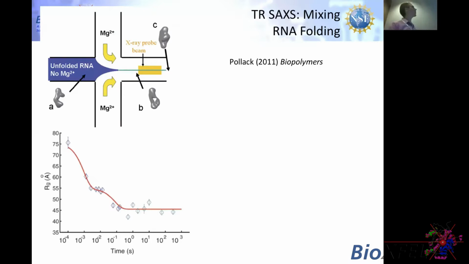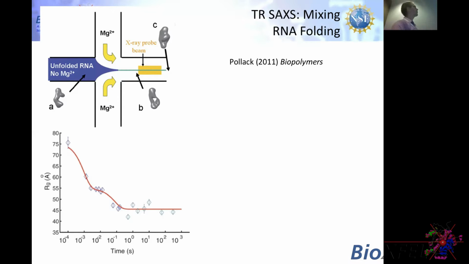Okay, so how do we actually do this? This is from Lois Pollock, who is one of our BioXFEL investigators, and Lois is very familiar with mixing-based solution scattering in SAXS. Essentially, they create these little microfluidic chambers that have some kind of protein or molecule of interest. In this case, this is RNA, and they're flowing in an ion in order to cause the RNA to fold.